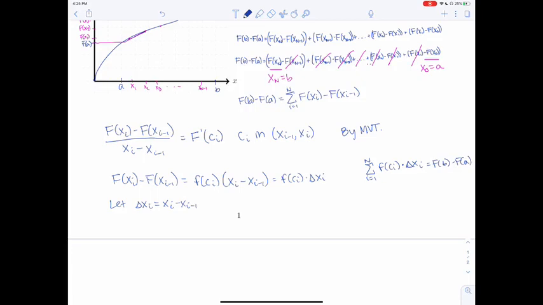Okay. Well, this is a Riemann sum, and we know that if we take the limit as n approaches infinity of any Riemann sum, it will be equal to the definite integral. In this case, we actually chose our sample points, these values of c, such that this is strictly the integral. We don't need to take the limit as n goes to infinity, but we will anyways, just to be thorough.